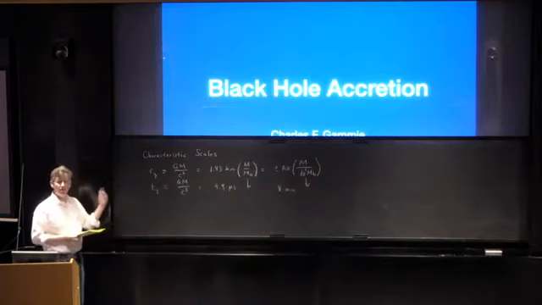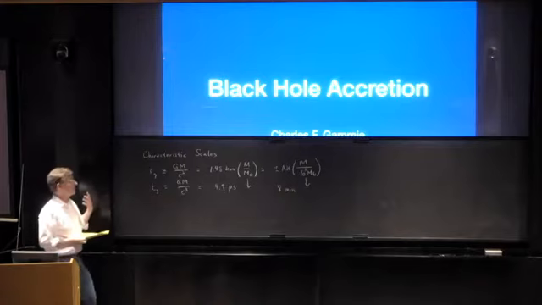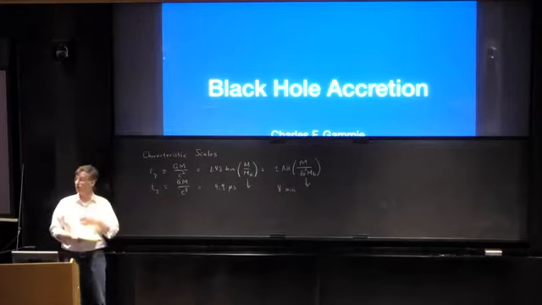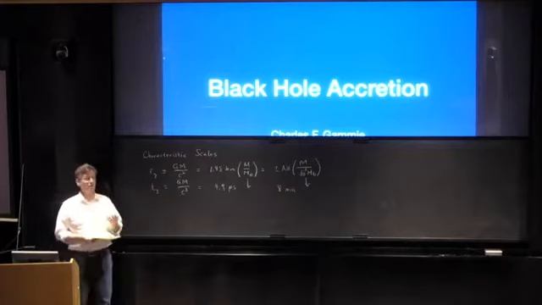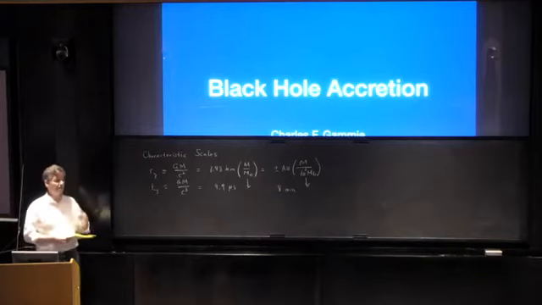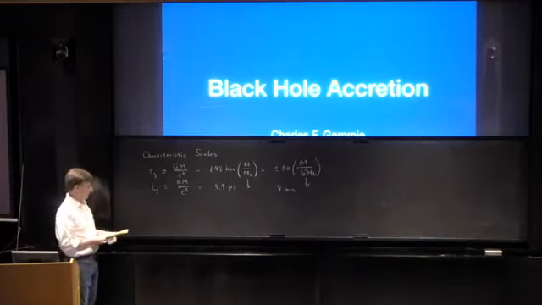Okay, so these are the fundamental scales of the system. The inner regions of accretion flows onto black holes have this kind of length scale, and they change on this kind of time scale. And that's important because, as we'll see, most of the energy in these accreting black holes is emitted, most of the radiant energy is emitted close to the event horizon.